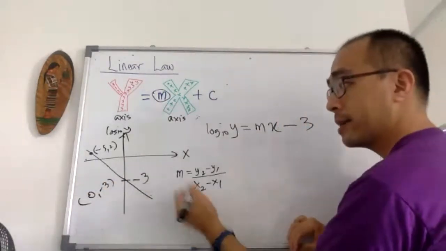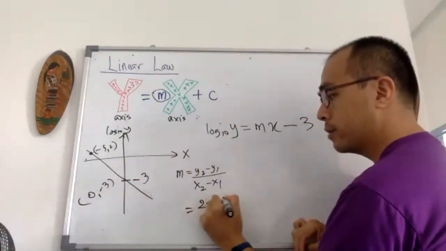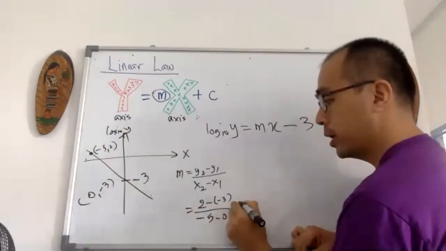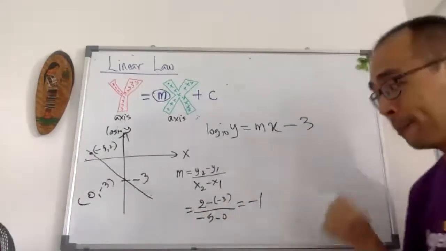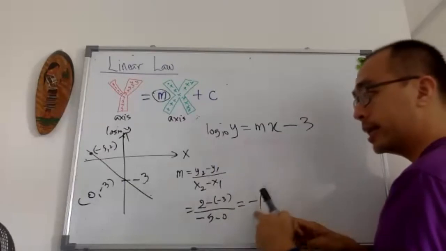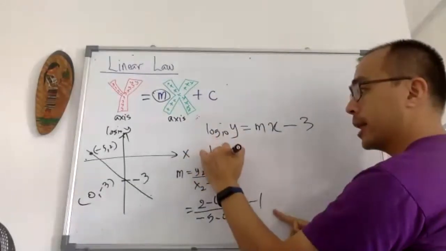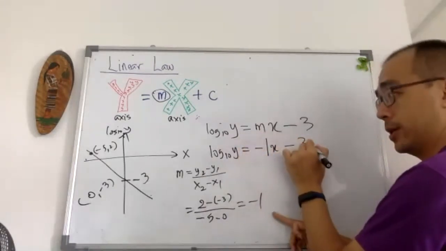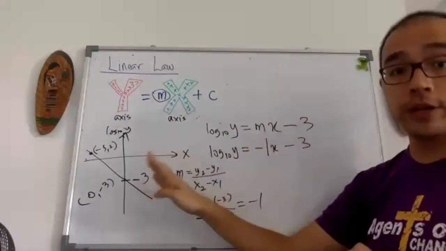If I put in 2 minus negative 3 over negative 5 minus 0, this will give you negative 1. So since my m is negative 1, log 10y equals to negative 1x minus 3. This is my equation for this.